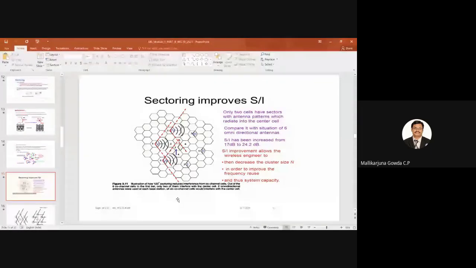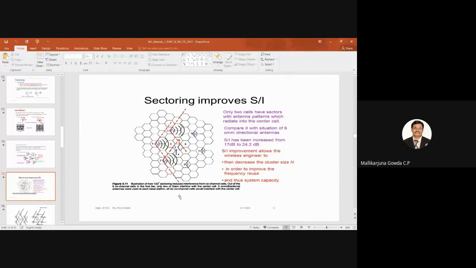By using 120-degree sectoring, instead of 6 co-channel cells, only 2 co-channel cells in the first tier will be interfering with the center cell. So I am reducing the number of co-channel interfering cells, and with that the signal to interference ratio will improve by using directional antennas.